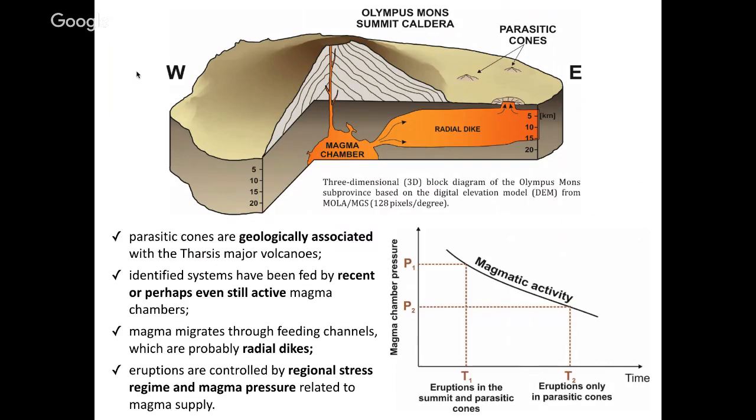We think this might be related to magmatic pressure: upon decreasing of pressure, you don't have enough pressure for summit eruption anymore, but you still can produce some parasitic cones which are located lower. So this is the summary, and I invite you to our poster over there. So thanks a lot, and I will take questions.